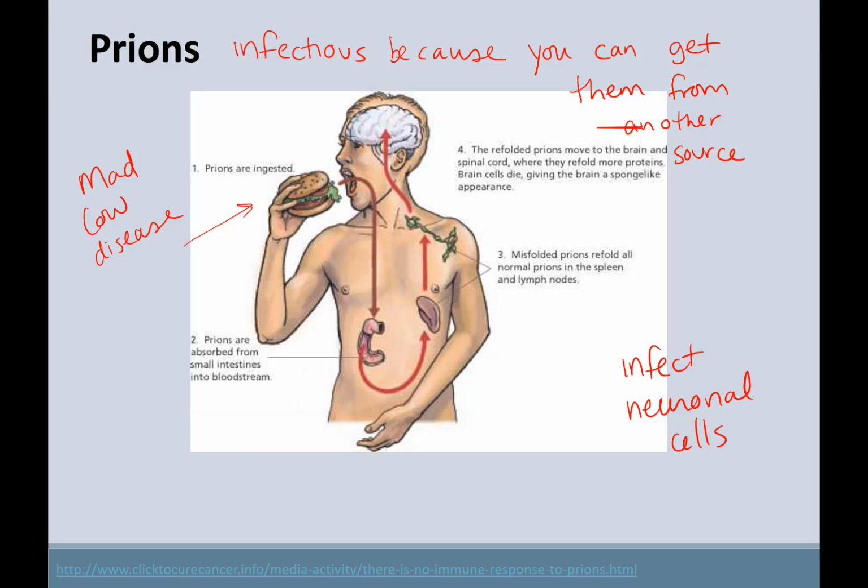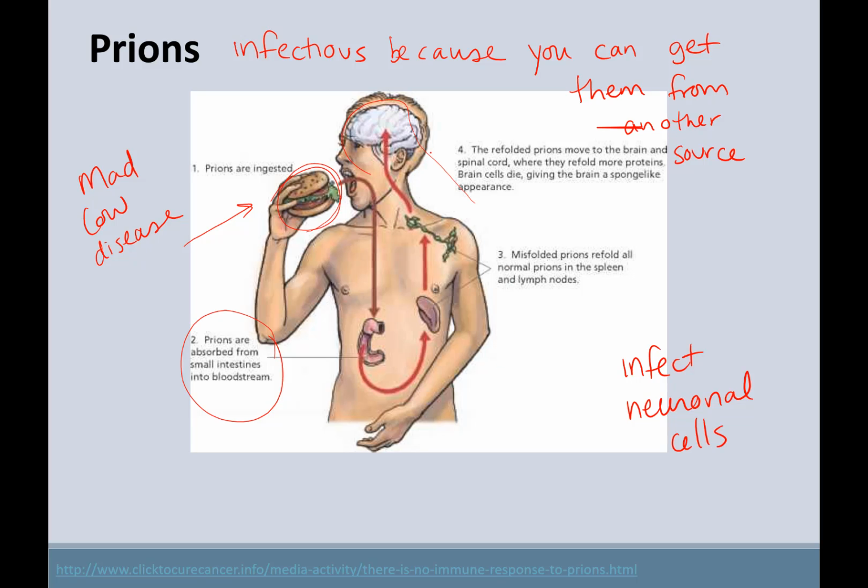You can try to cook it, and it still does not denature the prions. The only way to get rid of prions is incineration, burn them up. So what's happening is, as you eat the burger, the prions are absorbed into your gut, and they are stable. They do not get denatured by that acidic pH in your stomach.